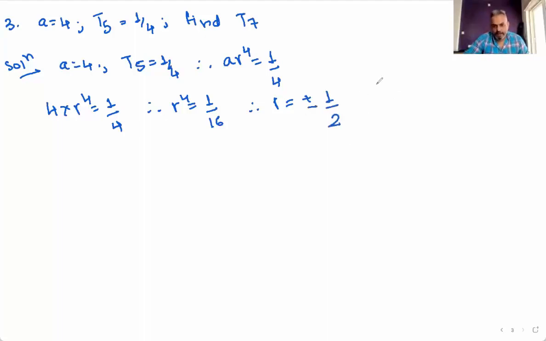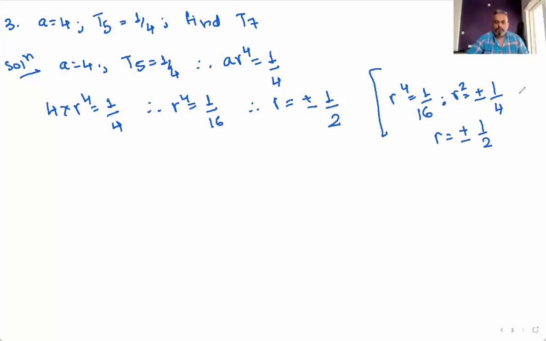Now how did this come? Pay attention, if you did not understand: R raised to 4 is equal to 1 by 16. So R square is equal to plus or minus 1 by 4. So R is equal to plus or minus 1 by 2. That is how.